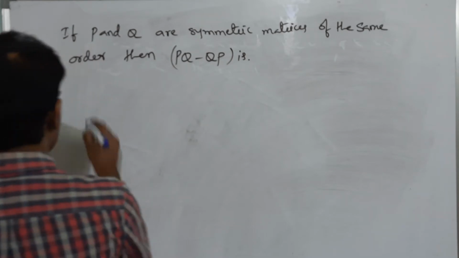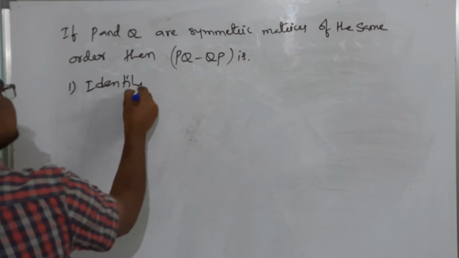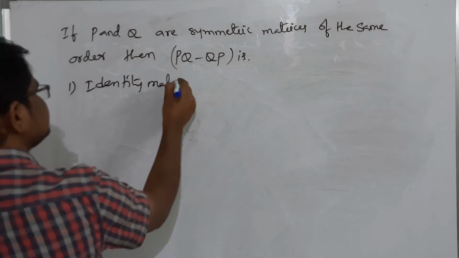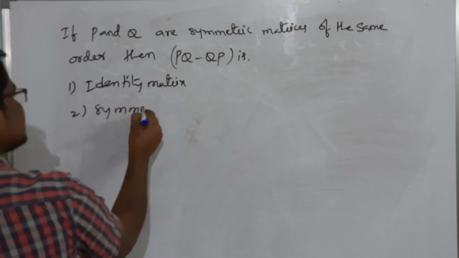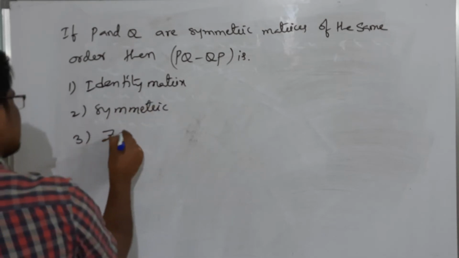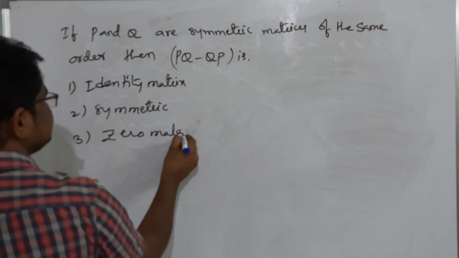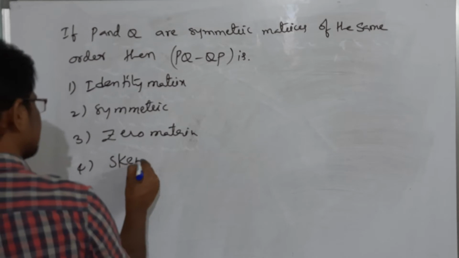The same options they have given: identity matrix, the second one is the symmetric matrix, the third one is the zero matrix, and the fourth one is given as skew symmetric matrix.